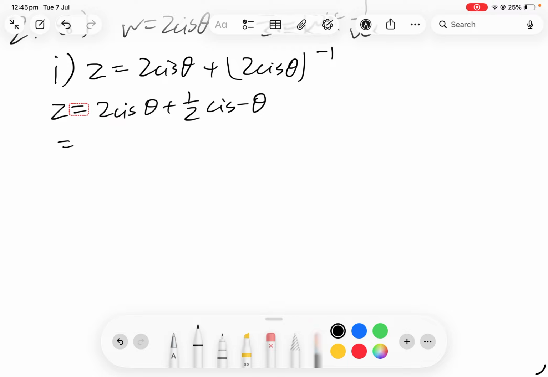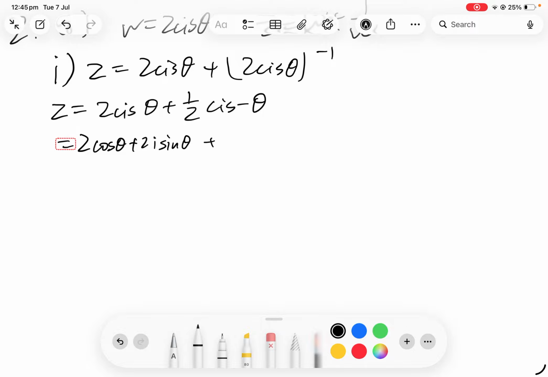And that just equals 2 cos theta plus 2i sine theta plus, well, cos of negative theta is just cos theta.